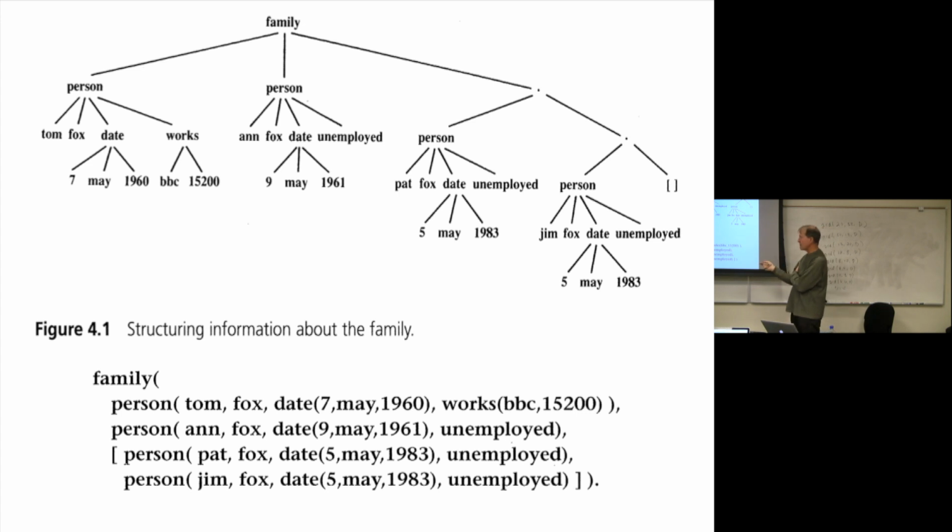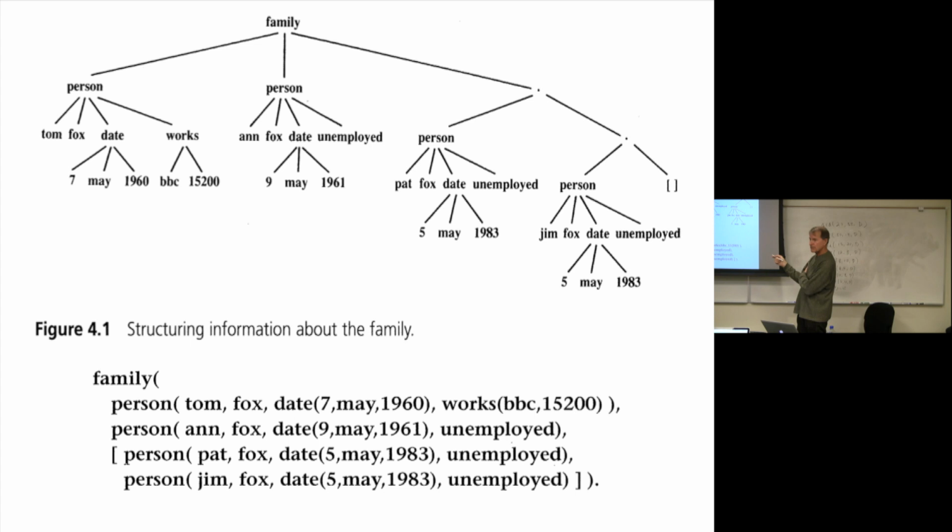And here is an example of the family predicate. Notice it says family, parentheses. Now how many items are in this family? It's this, comma, and then this. Furthermore, the first argument of family goes down to here and it says person.